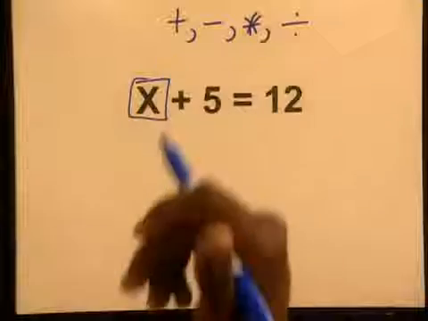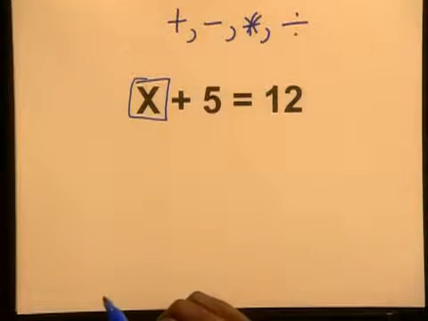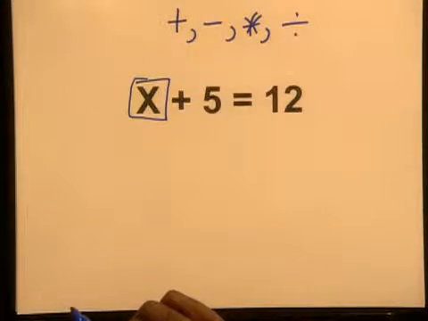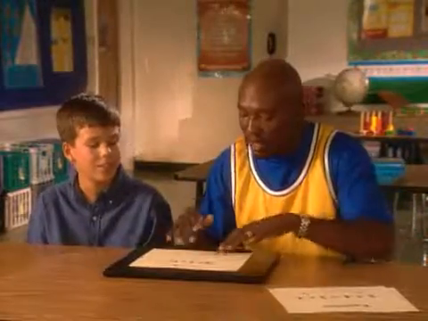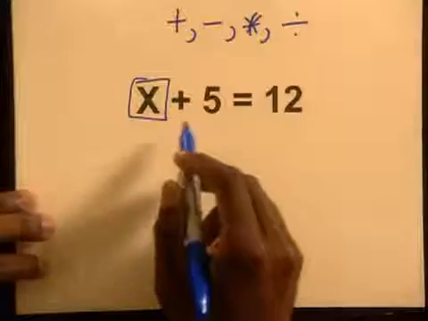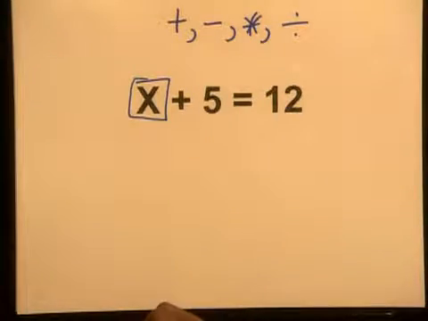So we're going to look at the equation and say what has been done to X, and then we want to undo the action that's been done. What's the opposite of addition? Subtraction. Very good. And what's the opposite of multiplication? Division. So let's go ahead and solve for X since it's representing the answer, okay? What has been done to X here in this problem? It's been added by 5.